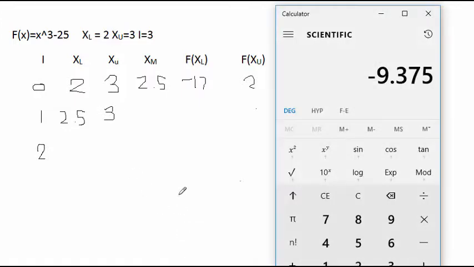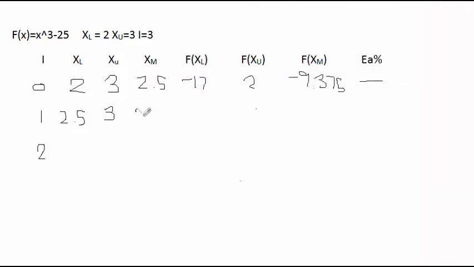Now get the midpoint of x by using the previous equation. 2.5 plus 3 divided by 2. We now have a new value of the midpoint of x, 2.75. Now we will substitute our new lower limit in the function, thus getting negative 9.375.